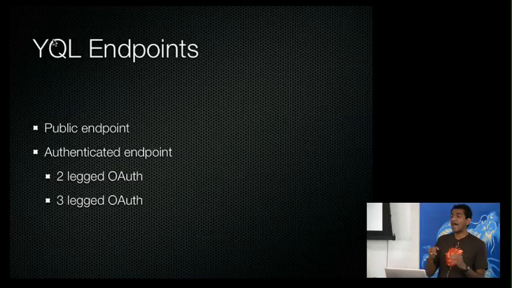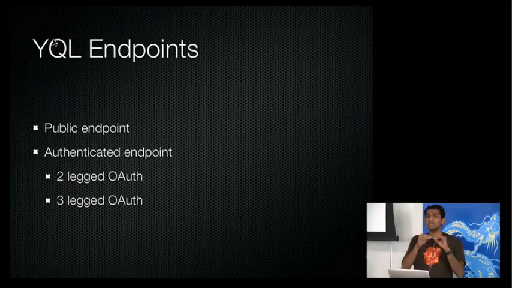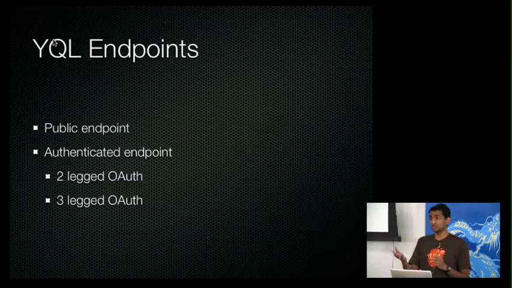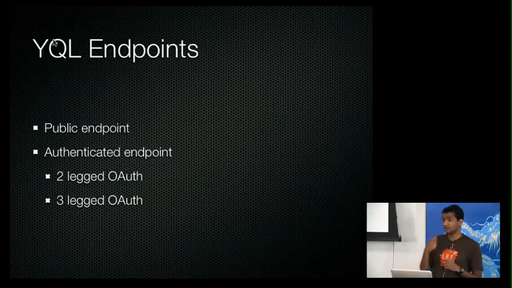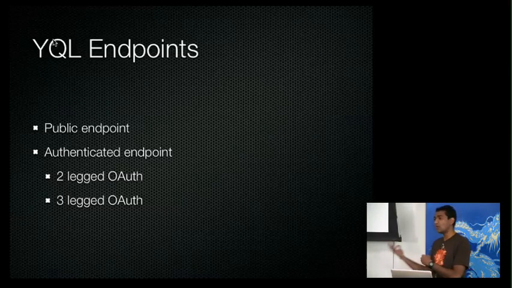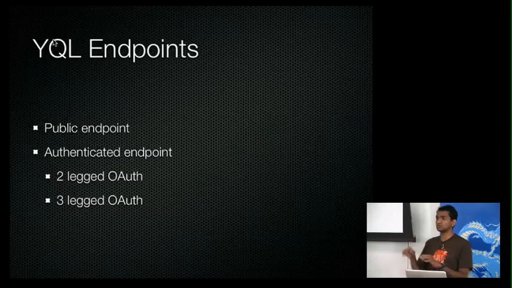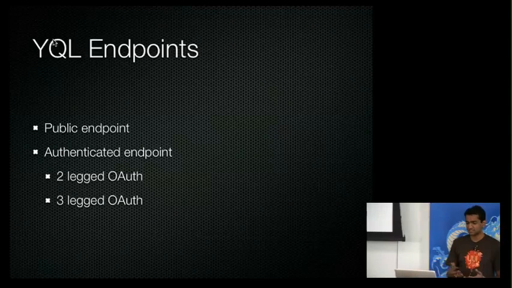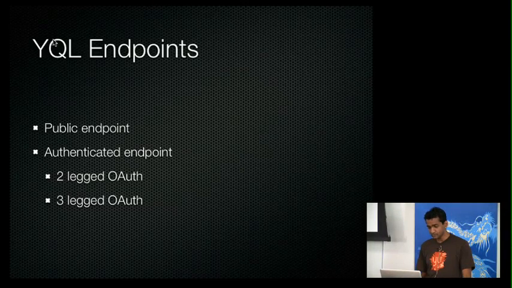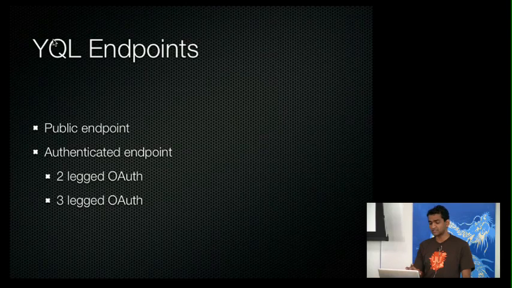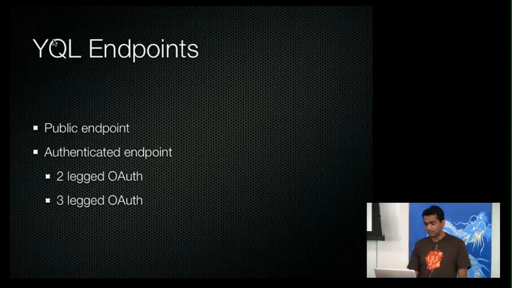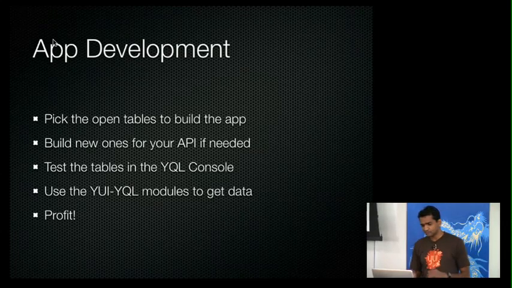So rather than having your users put in their username and passwords into your application and trusting you, they use OAuth to actually do this bounce without having to pass the passwords. So that's the OAuth standard for you. So we support all of these endpoints, and as I said, Paul will talk more about that.